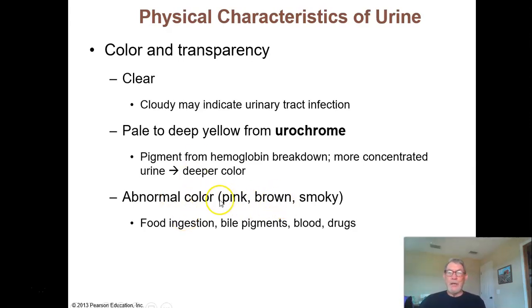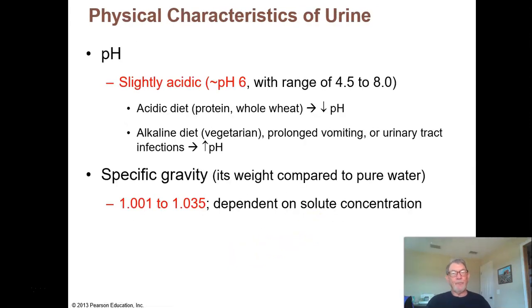Brown, smoky, not supposed to be. Although it can get pretty funky looking if you eat beets or something like that. And the smell, it should be nice and fresh, but if you eat things like asparagus, it'll smell pretty funky too. Remember, the pH should be slightly acidic, should be below 7.4.